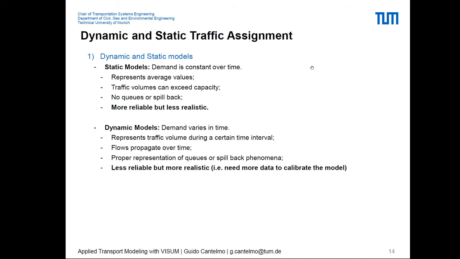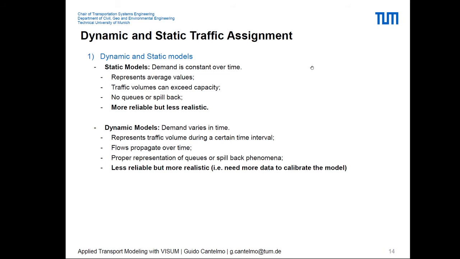This means that if suddenly you have an excess of demand, which is larger than the capacity, you will no longer observe a larger demand on a certain link. You will just observe spillback. You will observe congestion propagating on the network. And eventually, the excess of demand for one link can create bottlenecks and congestion elsewhere in the network.